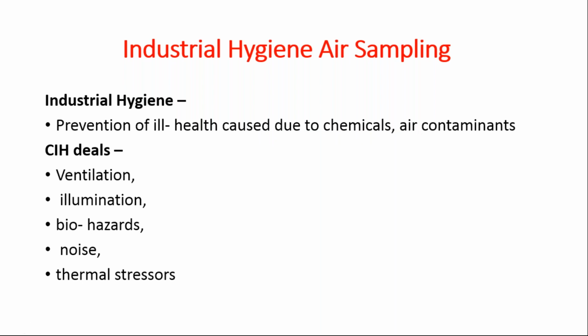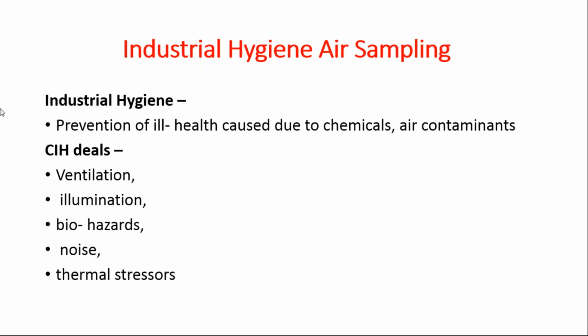In the air, there may be different contaminants like dust, vapors, volatile organic compounds, chemicals, and when these are inhaled, or the skin of the worker is exposed, they may suffer from different types of disease. The main focus of industrial hygiene is this area.